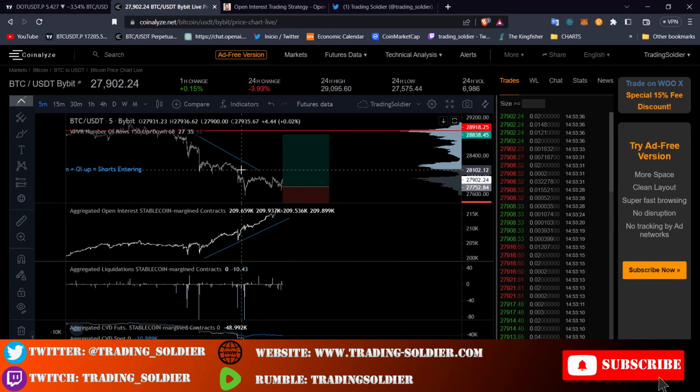You can use order blocks. You can use, for example, here volume nodes on the VPVR, volume profiles, based on volumes.